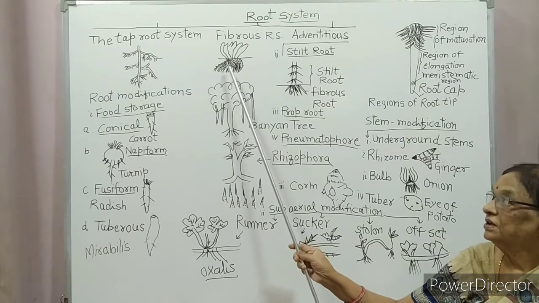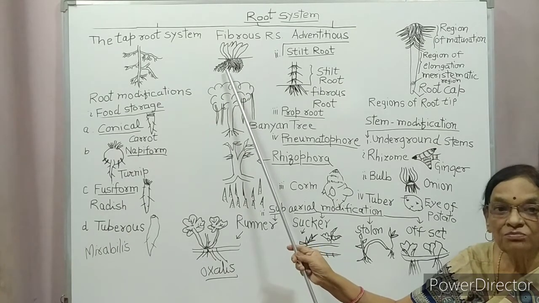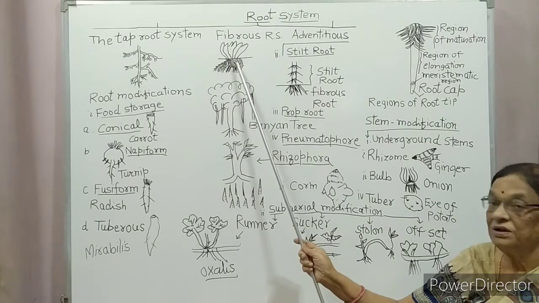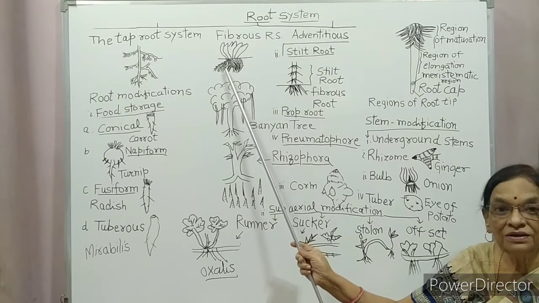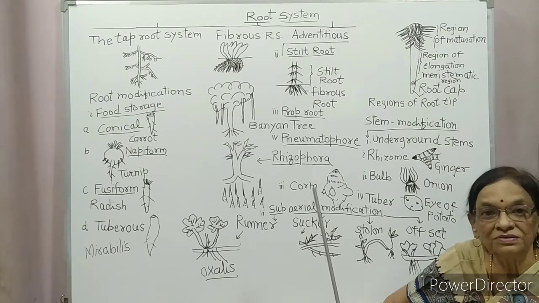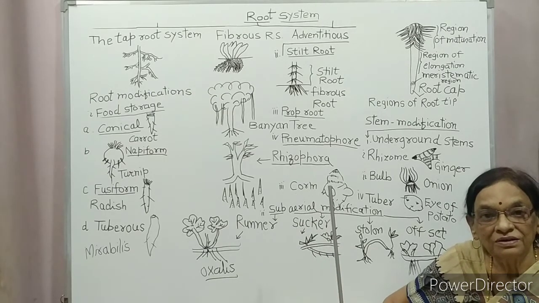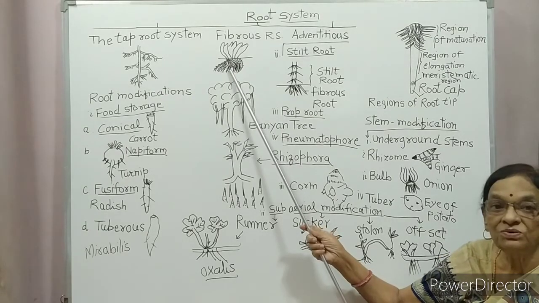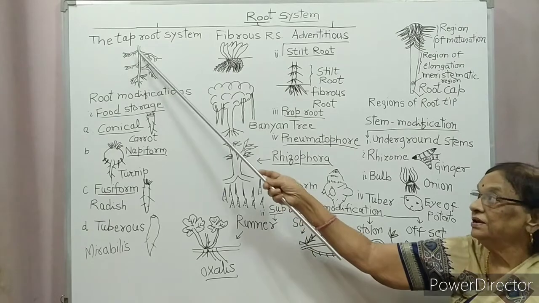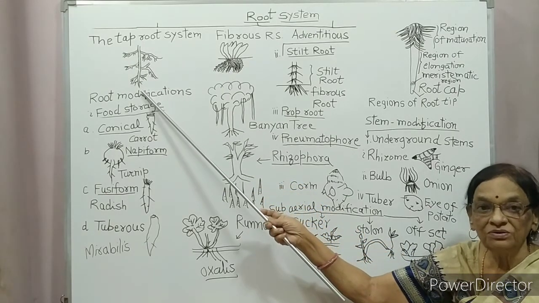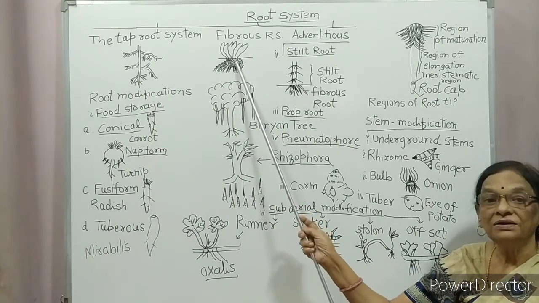It is found in grasses and most of the monocots. They form the fibrous root system. In taproot, the radicle persists, elongates and forms the main root. Here the radicle disintegrates.